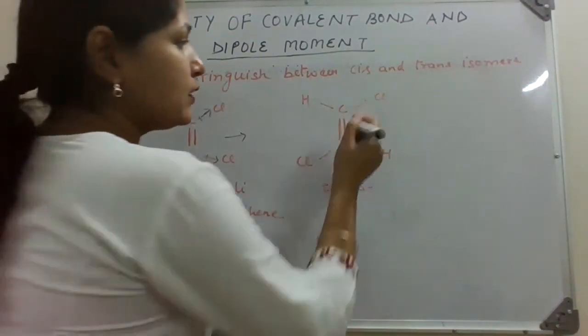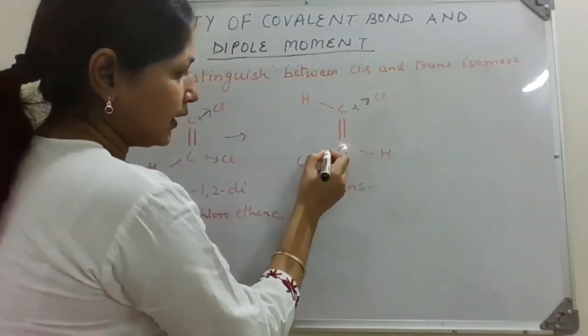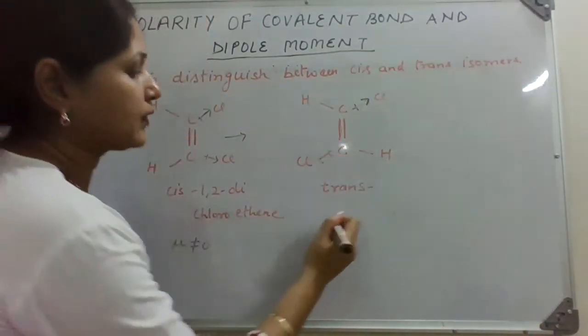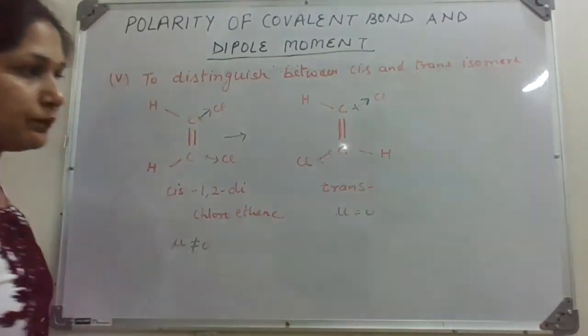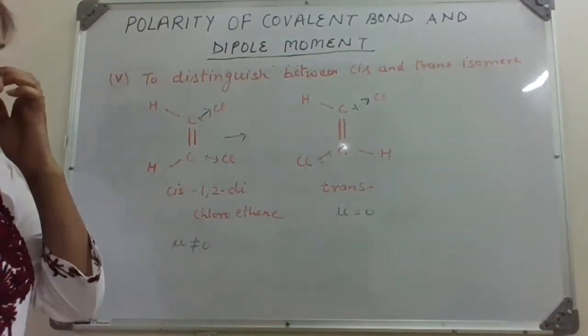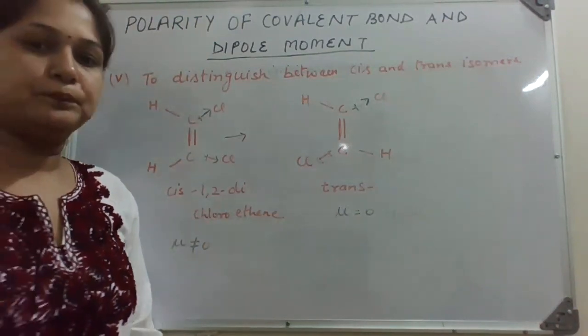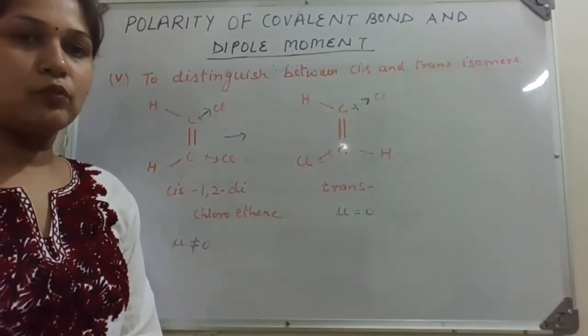Both bonds are the same, so both dipole moments are equal and in opposite direction, and they cancel each other. In this case, the dipole moment of the trans form is equal to 0. So we can distinguish between cis and trans isomers of a molecule. So these are the applications of dipole moment in a molecule.